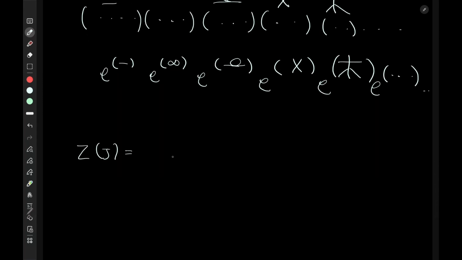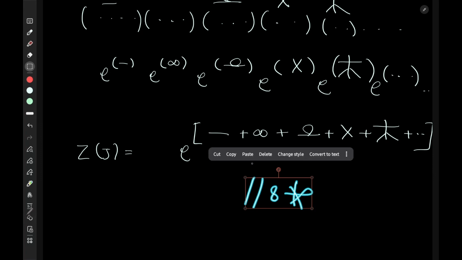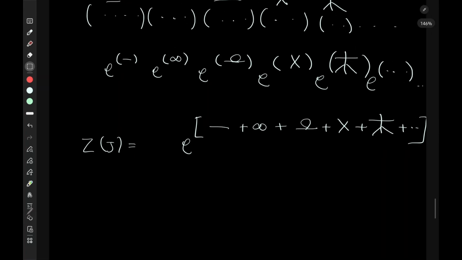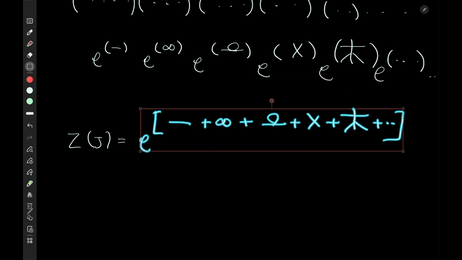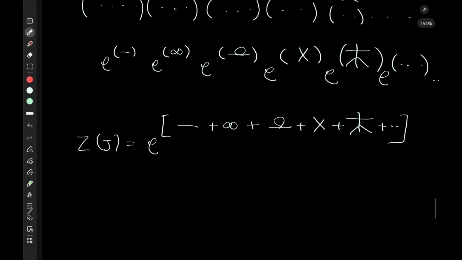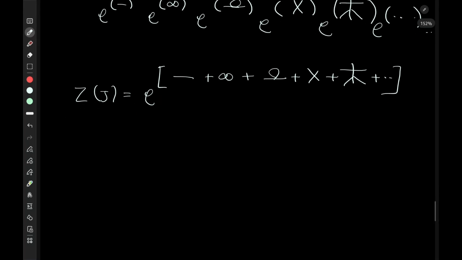So finally, our integral, which we were after from the beginning, is just e to the power line plus this plus x, all the connected diagrams. So now we don't have to worry about the unconnected ones like this or this. What we have done is just rearranged the diagrams such that the final answer is the exponential of the sum of all the connected diagrams. And this is a remarkable result.